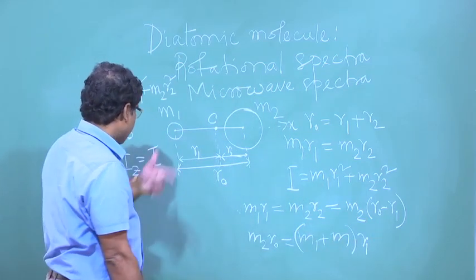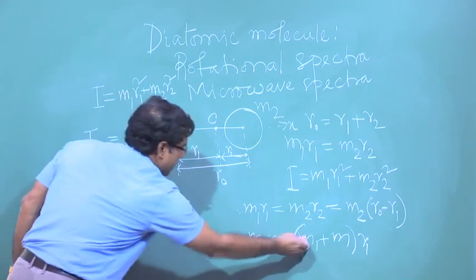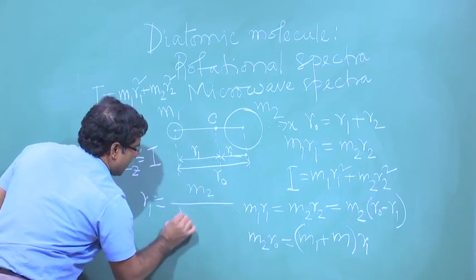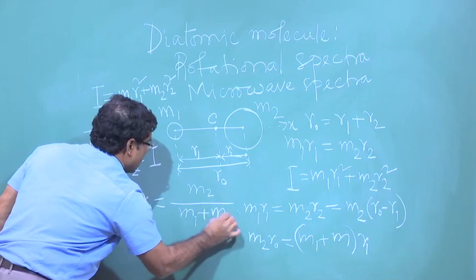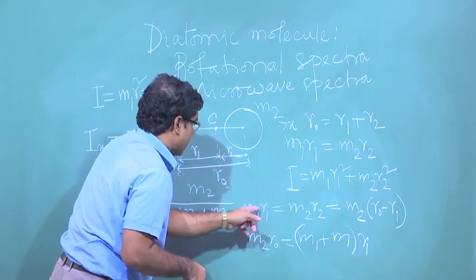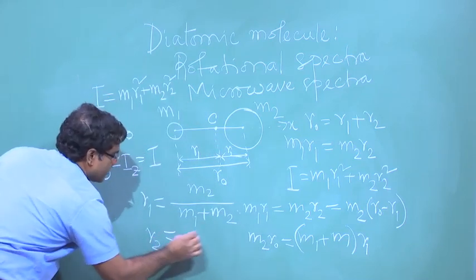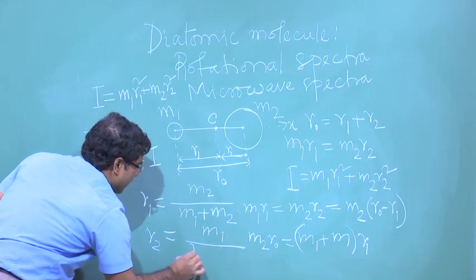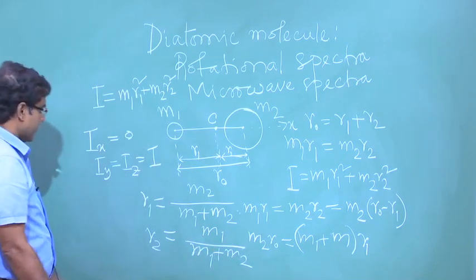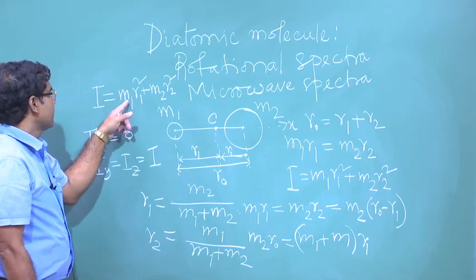So, here r1 what I am getting, r1 equal to m2 by (m1 plus m2), okay. Similarly, just from here itself you replace r1 by r0 minus r2. So, you can show that it will be m1 by (m1 plus m2), right.